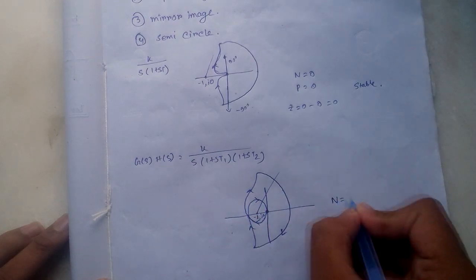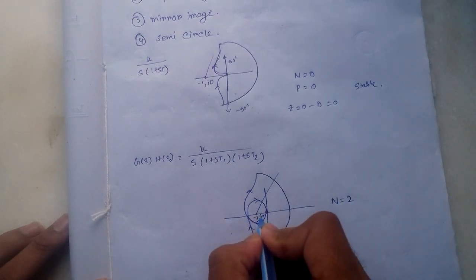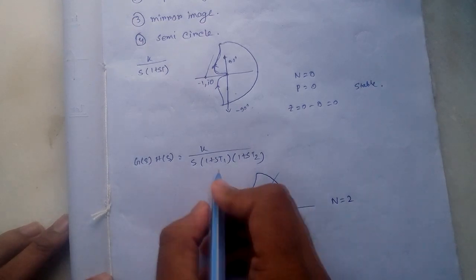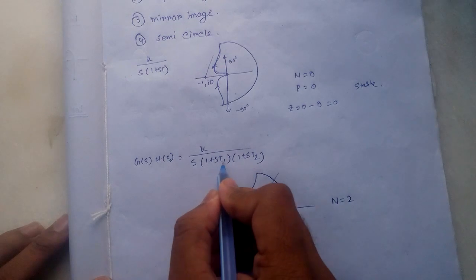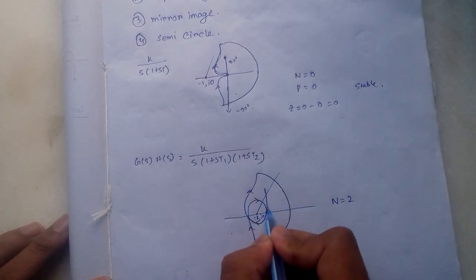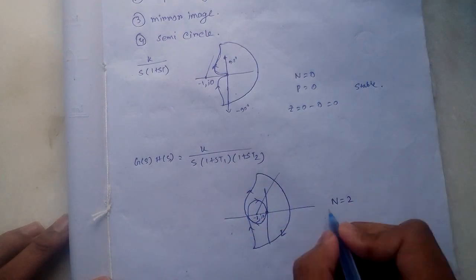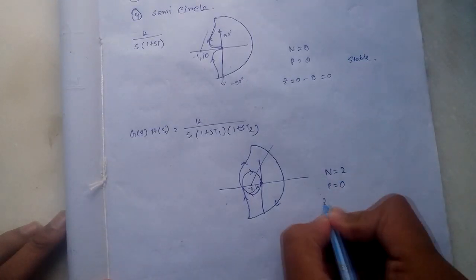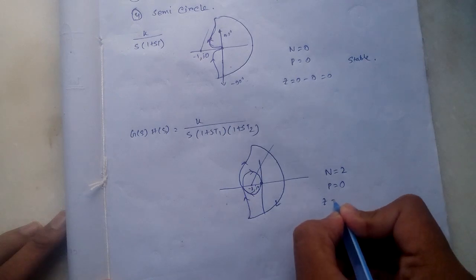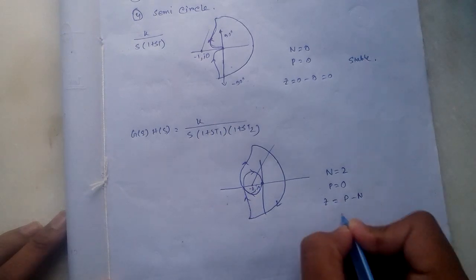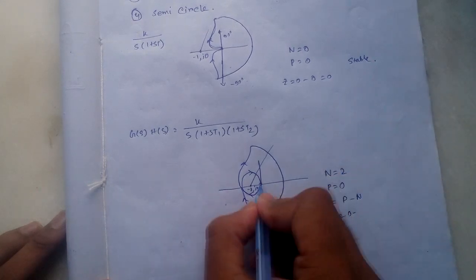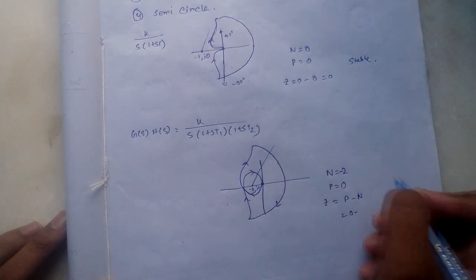So here the N value is 2, and now we'll see the poles. The poles are on the left hand side, no poles on the right hand side, so poles on the right hand side will be 0. So zeros in the right hand side will be P minus N, that will be 0 minus. One more thing: N will not be 2, N will be minus 2.